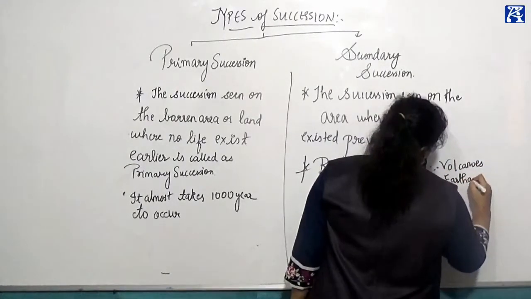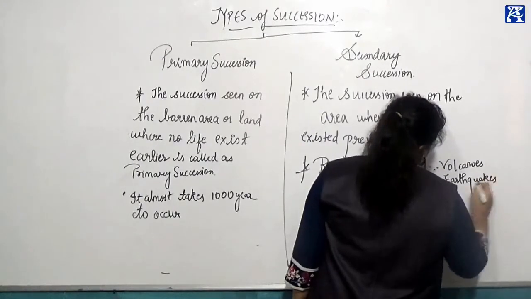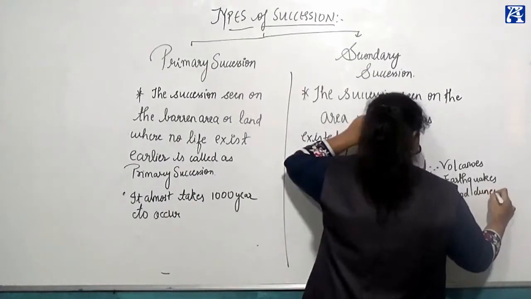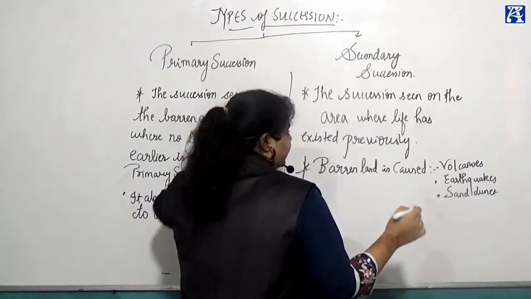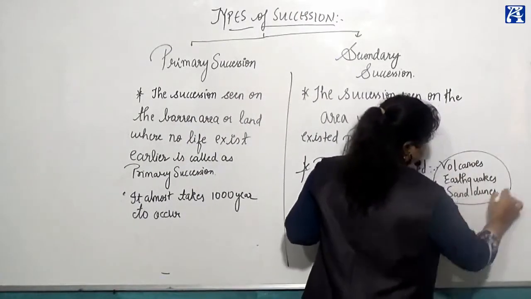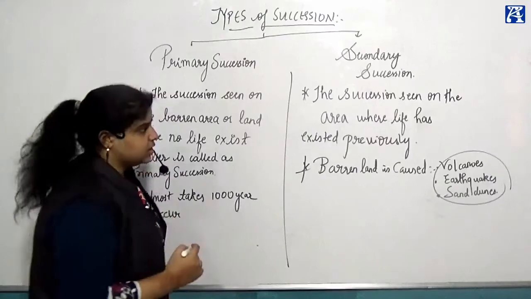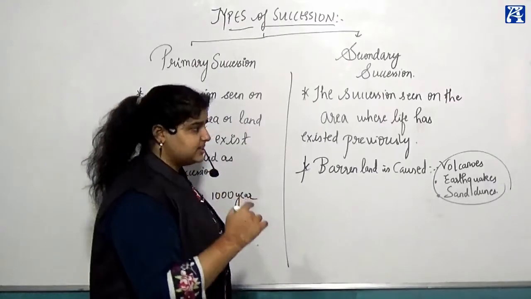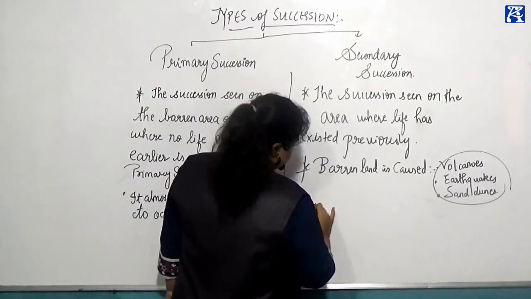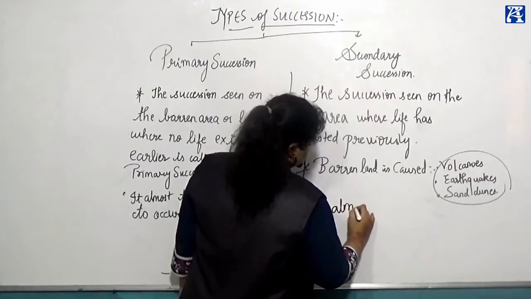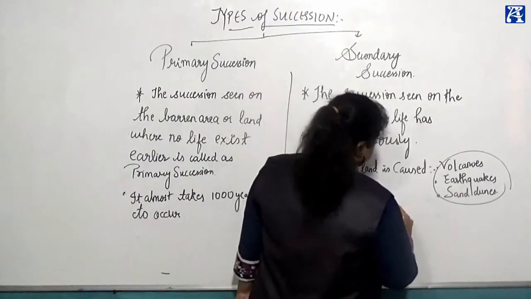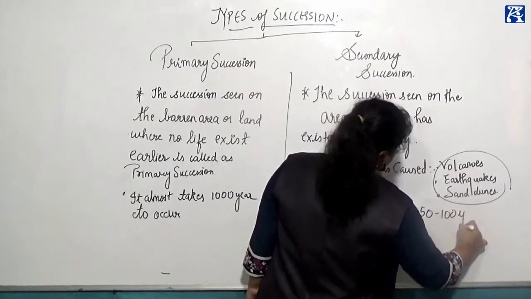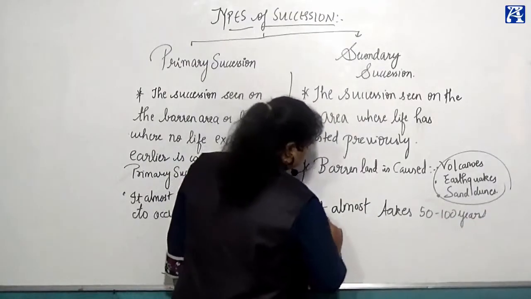Volcanoes, earthquakes, sand dunes, etc. When barren land is caused by any of these causes but life already existed there, that type of succession is called secondary succession, and it almost takes 50 to 100 years to grow.